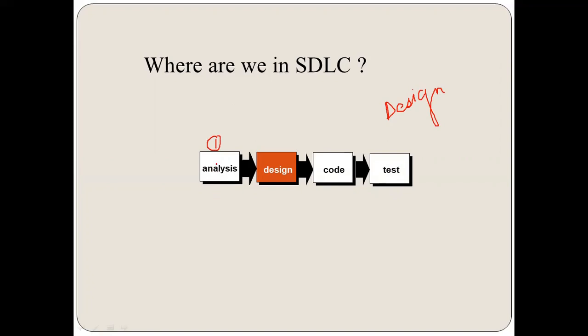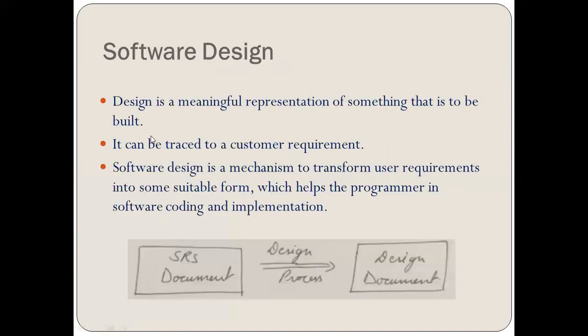First step was analysis, and the outcome of analysis was SRS, that is the software requirement specification. That forms the input for the design, that is the second phase. So right now we are here in the SDLC. Okay. So let's start with this.